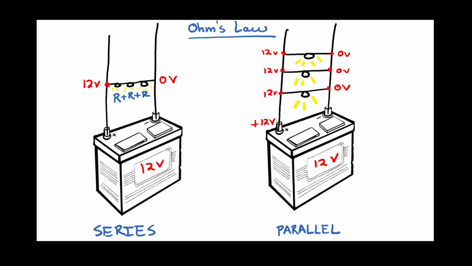The resistance between each of those potential differences is just 1 R for each of them. It is the resistance between the potential difference that causes our light bulbs to either be brighter or dimmer. And in the case of the parallel circuit, they're much brighter because we're not resisting as many electrons flowing through the circuit. This is known as Ohm's law.